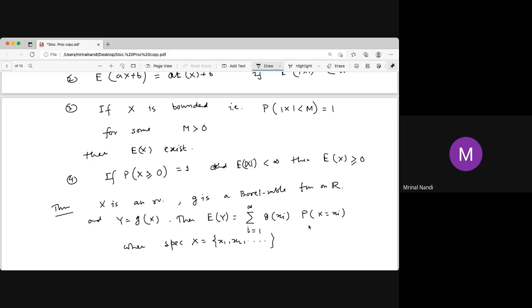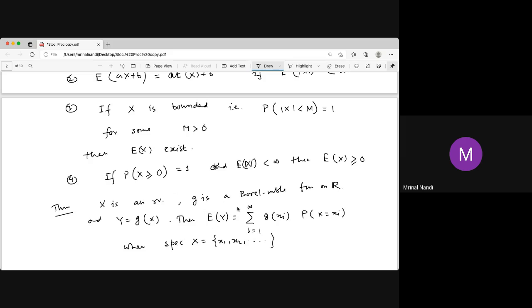If finite, then it is i equal to 1 to n. Now, question: what is the definition? Basically, you consider the expectation of Y in two senses. You take X as a random variable, and we know the probability of X equal to x_i.